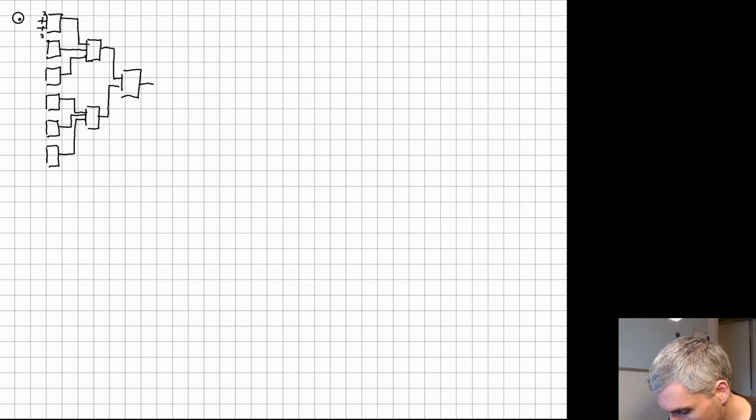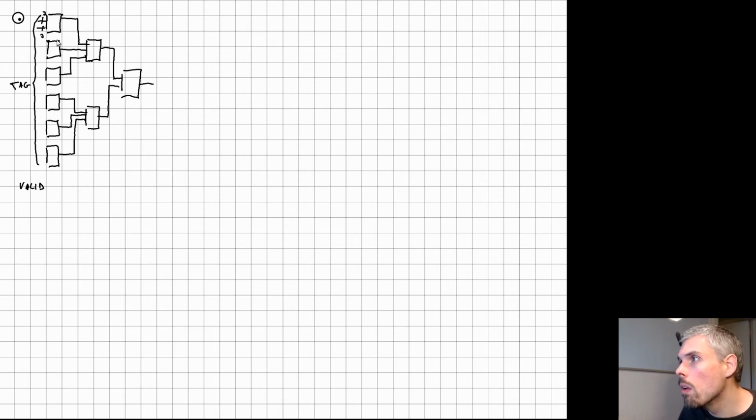So we have the valid signal of the cache line. This part is gonna test the tag, and then we have the input valid of the cache line, and here we actually have a LUT4 that we only use 3 inputs of. So what we're gonna do is just take the valid input signal and use that LUT for it as well, right?